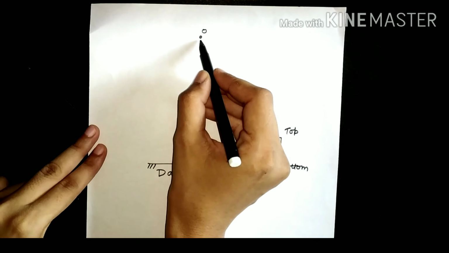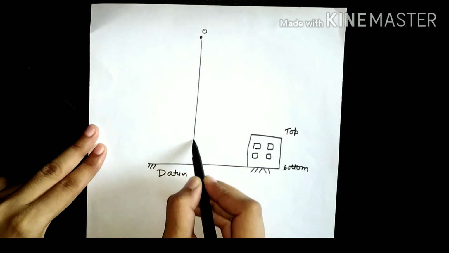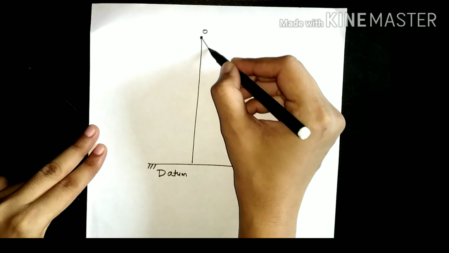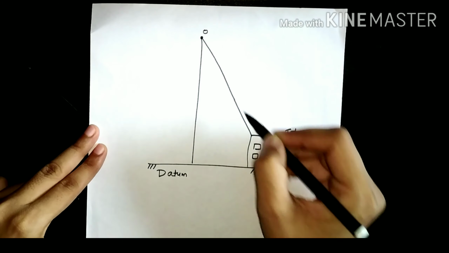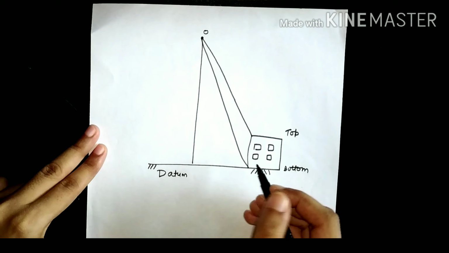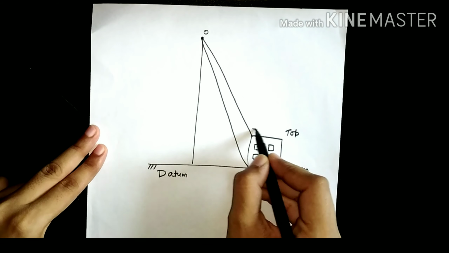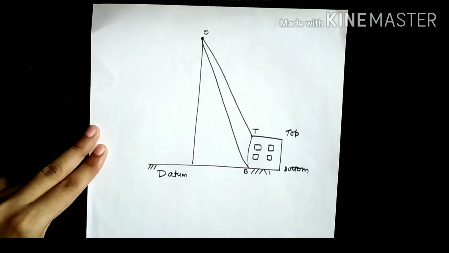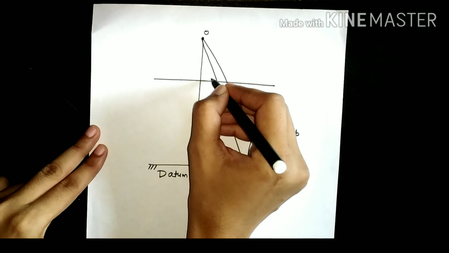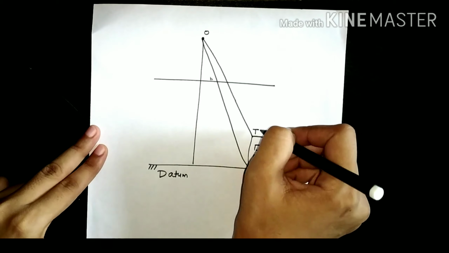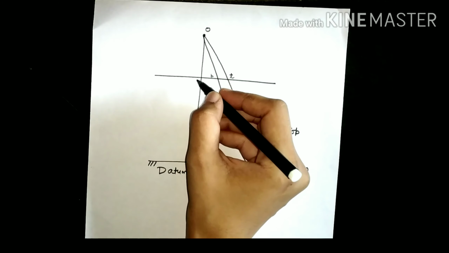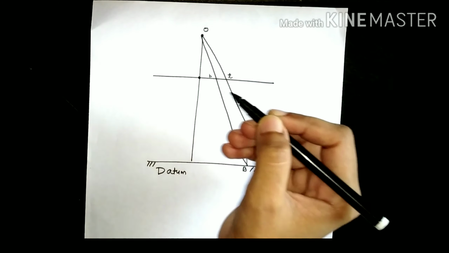This is the center axis. These are the projection lines from the camera to the top and to the bottom. This is capital T and this is capital B. This is the photograph plane. The B projection is denoted as small b, and the T projection as small t. And this is the principal point.